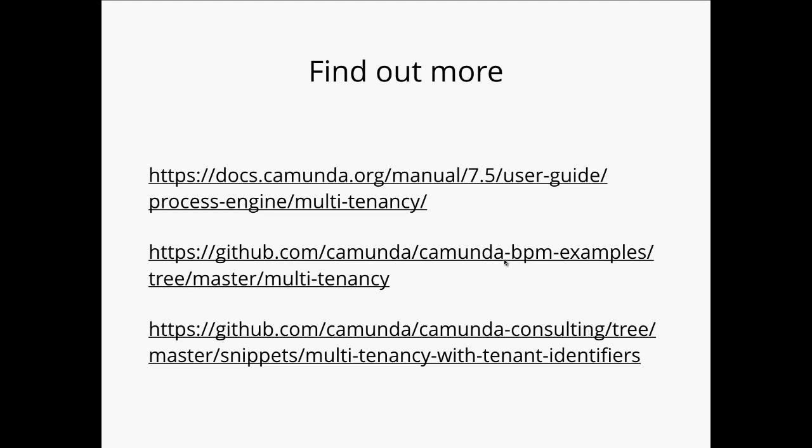And there will be a section shortly on the snippets, multi-tenancy with tenant identifiers. I think I'll upload this week, and then you can find the examples I showed you in the webinar, and you can also find the custom form for user registration.